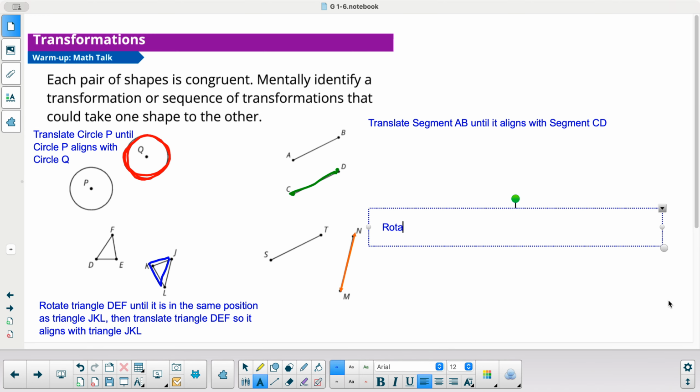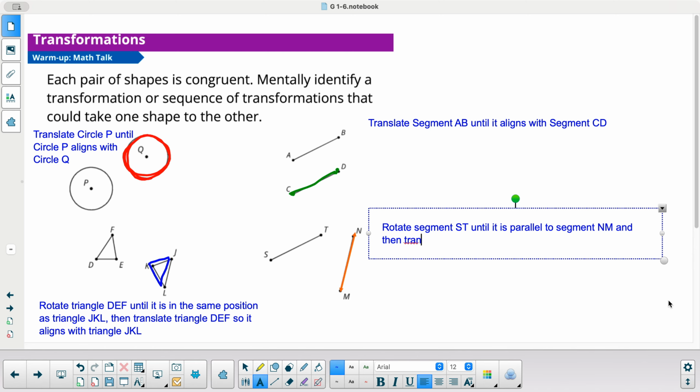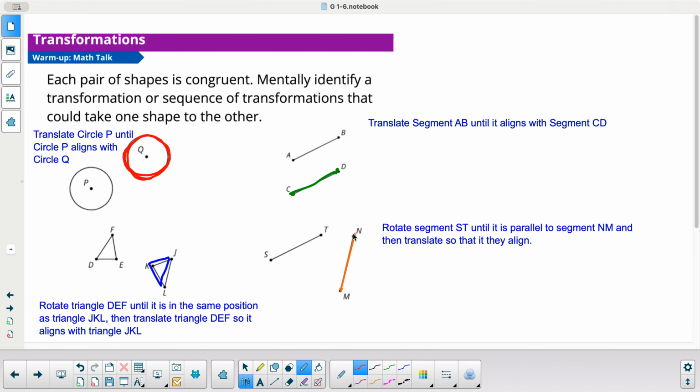So I'm going to put here rotate segment ST until it is parallel to segment NM, and then translate so that they align. All right, and I really shouldn't have used arrows here. I should have used points there. Okay, so just kind of filled them in.